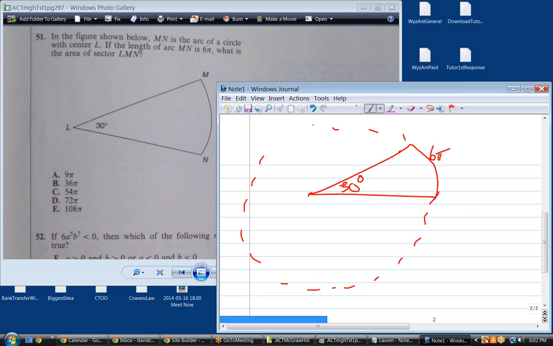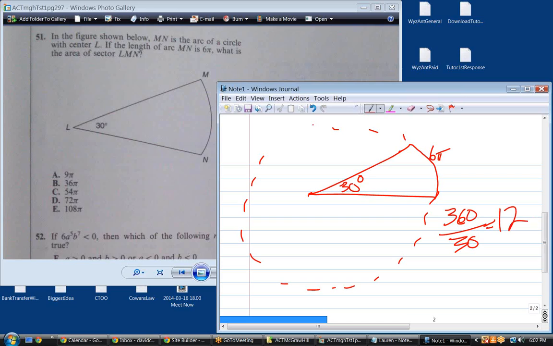Well, the whole circle is 360 degrees, so how many of these little slivers would fit in a whole circle if I were to draw all of them? In other words, if I were to make the whole circle equal slivers like that, it would be 360 divided by 30, or 12.